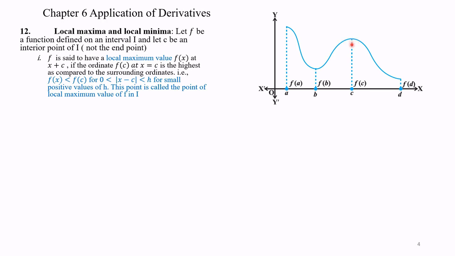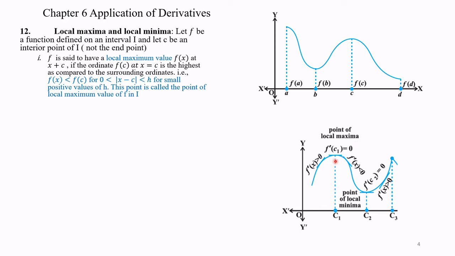So, f(x) is less than f(c), on either the left side or the right side, for x between c minus h and c plus h for small positive values of h. This point is called the point of local maximum value of f in I. So, this point is the point of local maximum.